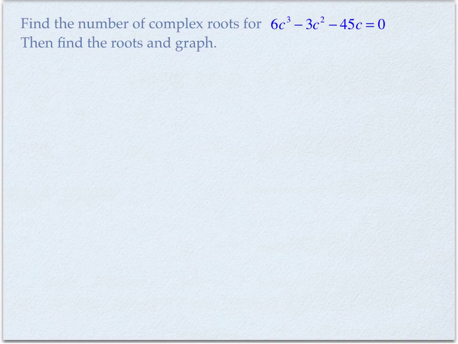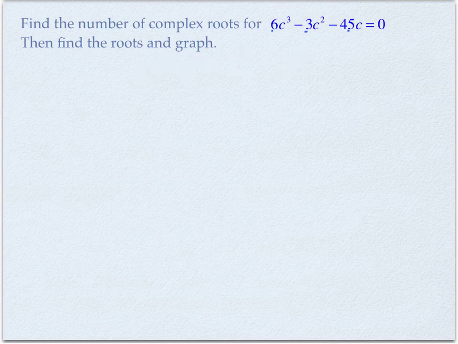And notice that when I have a 6, a negative 3, and a 5, I have a common factor of 3 out of all that. So I could factor out that 3 and get 2c cubed minus c squared minus 15. Oh, excuse me, I think I made a mistake already. So notice I can do a quick erasing.